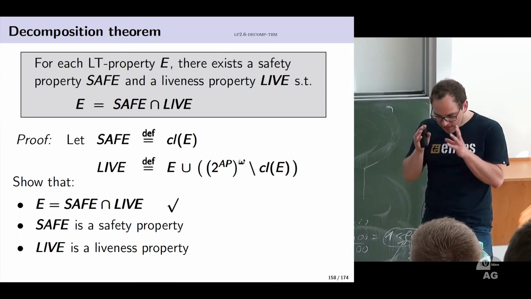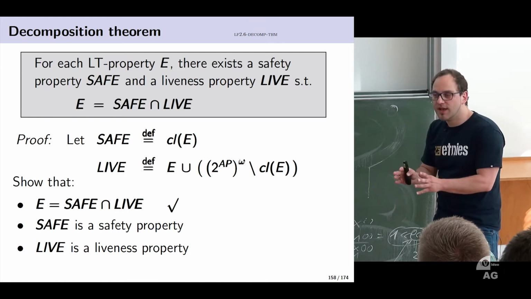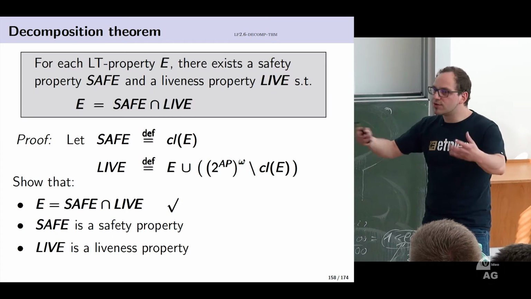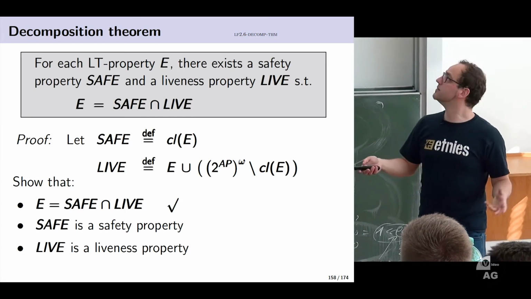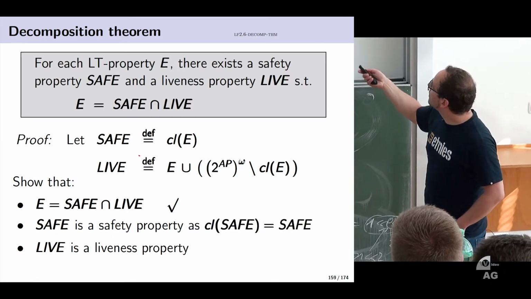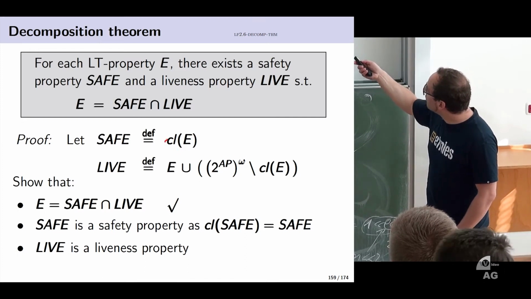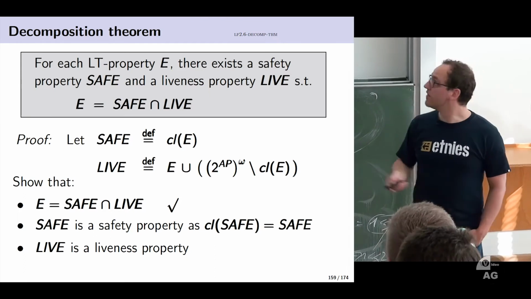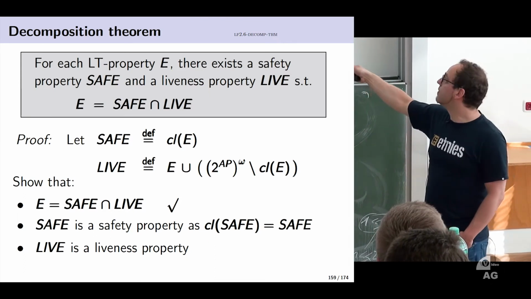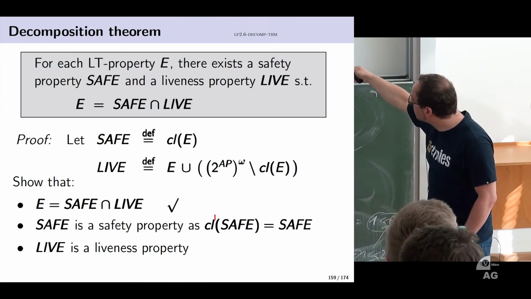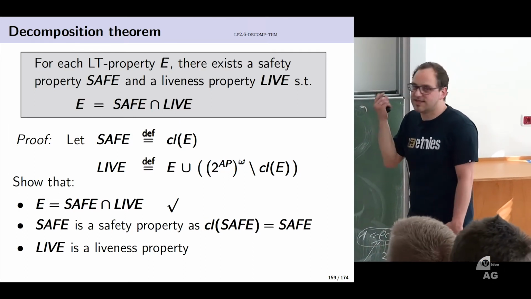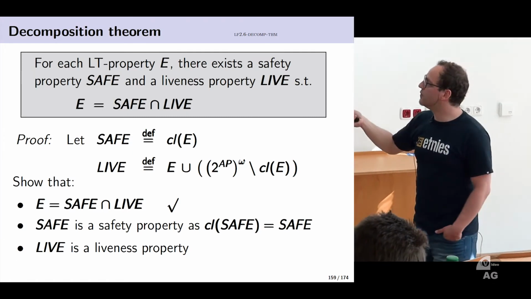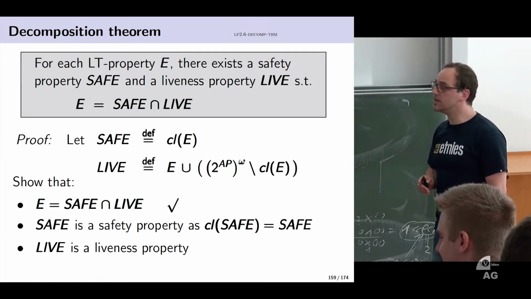If you have some set of infinite words and take the closure, you possibly extend it, but if you then take the closure over and over again, you will not add more words. So the closure of safe, because it is already a closure of some property E, is again the property itself. And remember, we showed the theorem that if we have this for a property safe, then safe is a safety property. So the only thing that remains is that live is a liveness property.